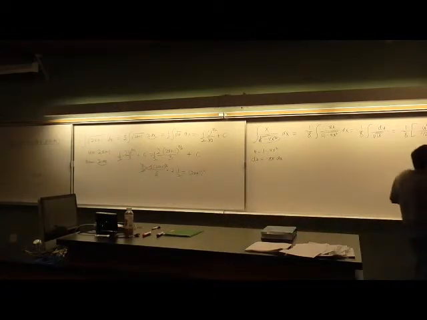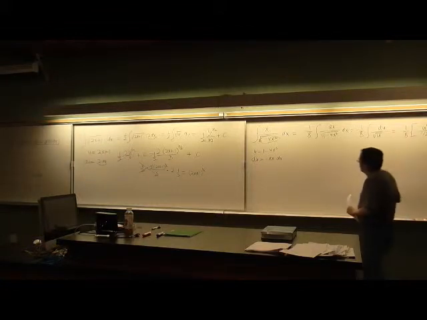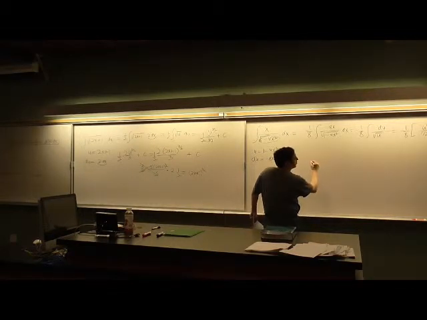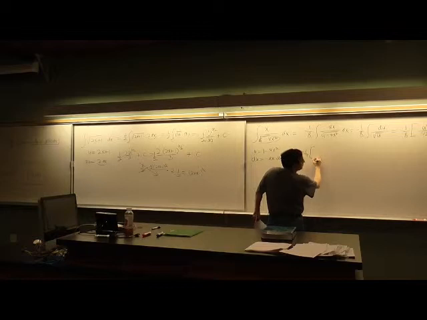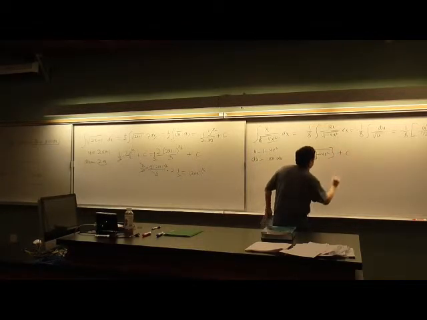I'm always trying to do math in my head while I'm talking, and it doesn't work. This 2 just cancels one of the 4's. U to the 1/2 or square root of u plus a constant. But again, I'm not done here. I still have to substitute back in for u. So this becomes negative 1/4 square root of 1 minus 4x squared plus a constant.